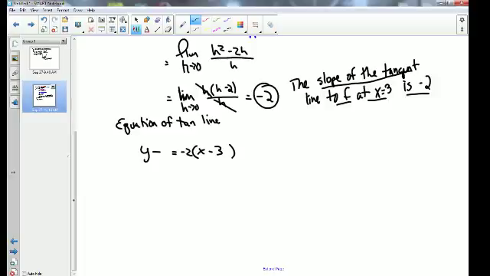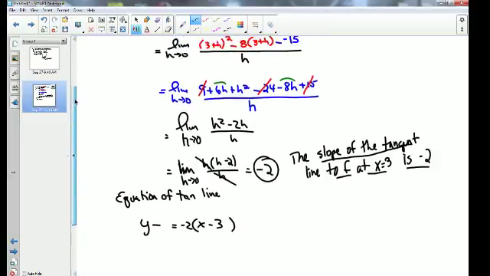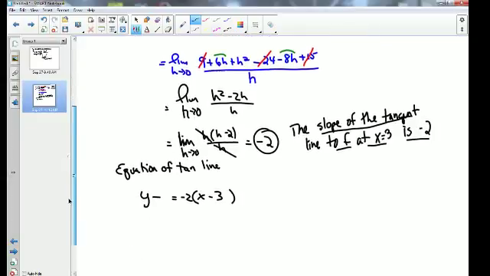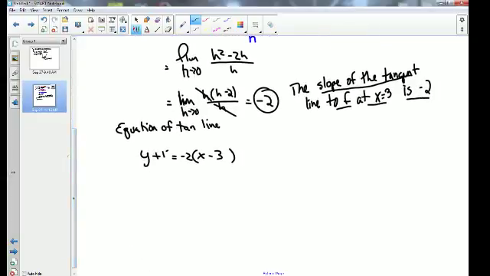What's the y? F of 3 is negative 15, right? There's your equation. And if you need to, you can write f of 3 is negative 15. F prime at 3 is negative 2. Those are the two pieces of information you need.